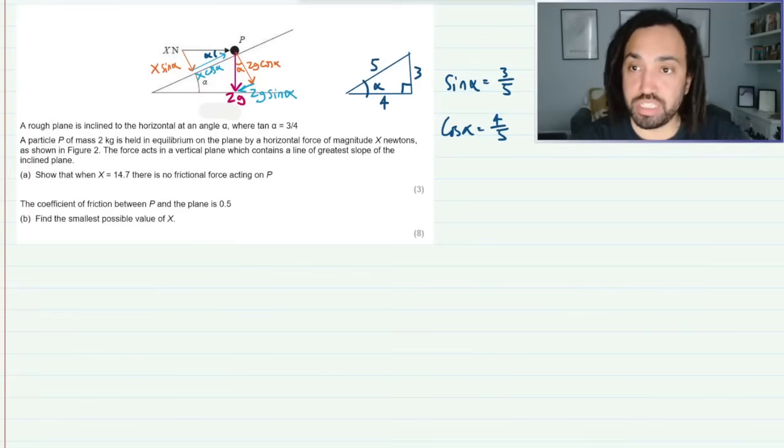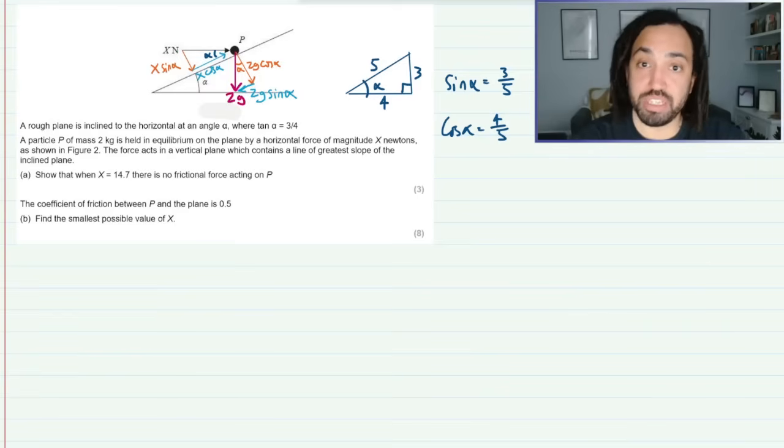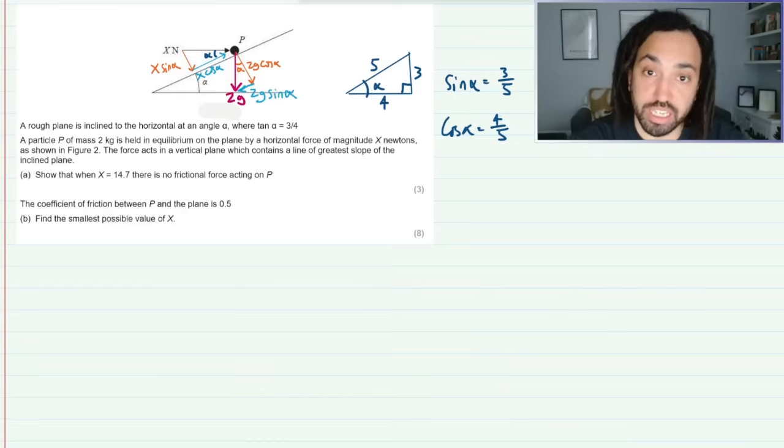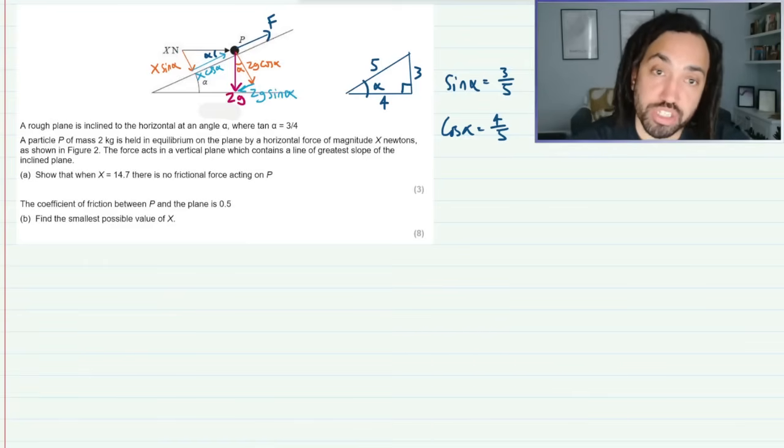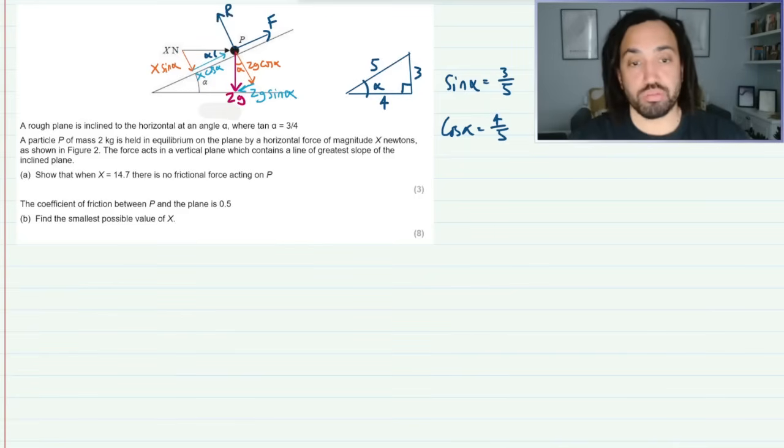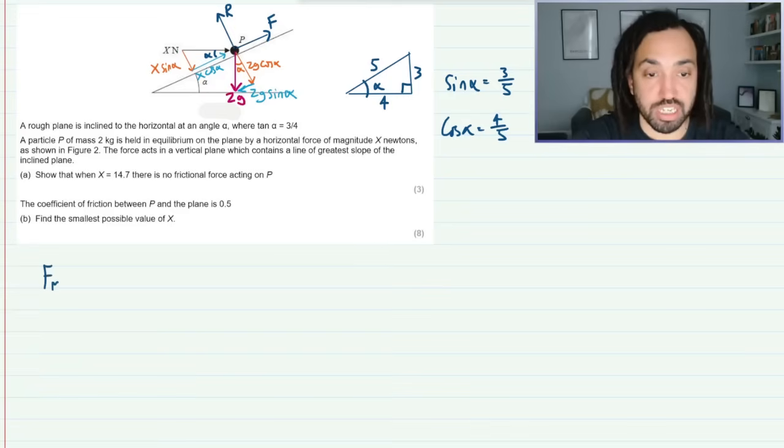So by reducing X and keeping it in position, we're going to need friction to be working in our favour. So friction needs to be working up the slope to keep it in equilibrium. Now, when we're introducing friction, we're going to need also to know the reaction force, because we know the formula that friction at its max capacity is equal to mu R.